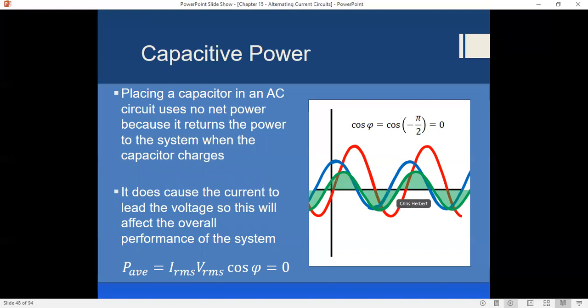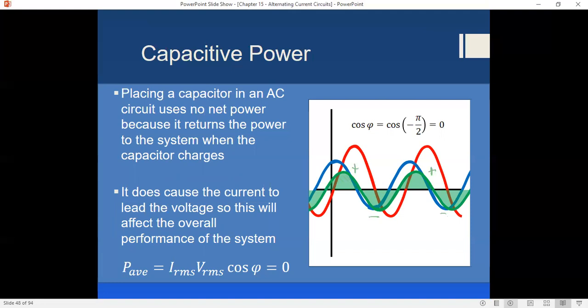Now, what exactly does that mean? Well, it means for these positive peaks, I am loading up the capacitor with charge. For these negative peaks, I am unloading the capacitor. So that's why my power is zero. I'm putting as much power into the capacitor as I'm getting out of the capacitor.